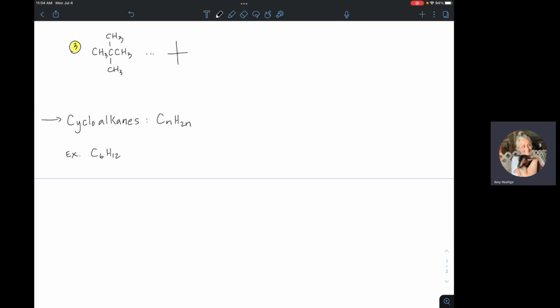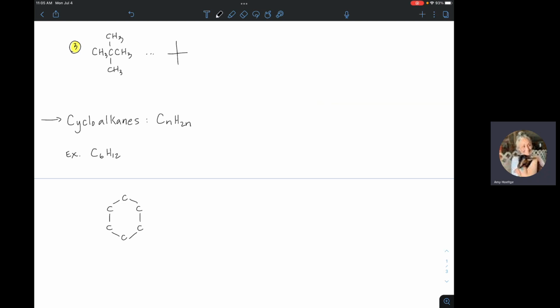I'll draw the expanded structure, and then I'll show you, this is a good moment to show you why the line bond structure is preferred. So I'm going to take 6 carbons, and I'm going to join them together in a ring. So I've got a hexagon that I'm going to form. Hex, again, is our prefix for 6.